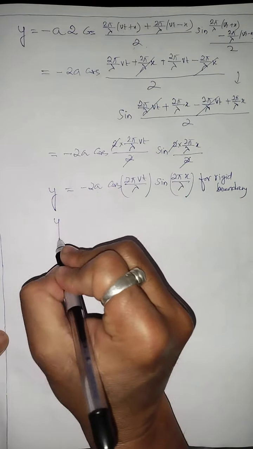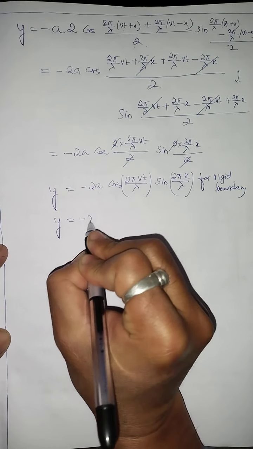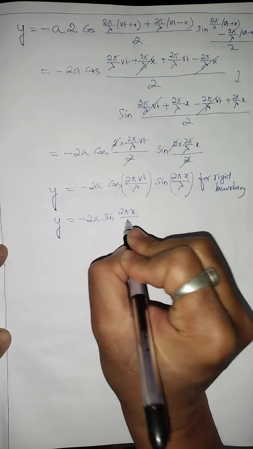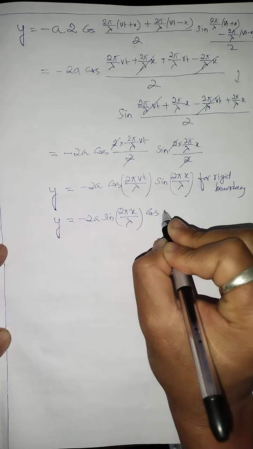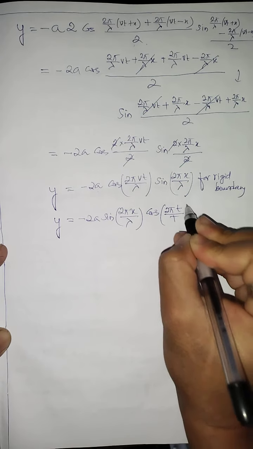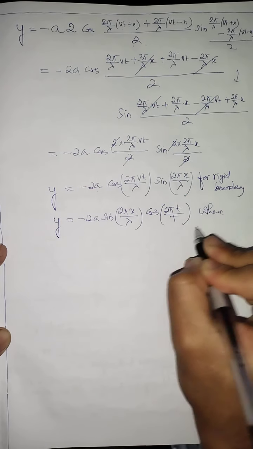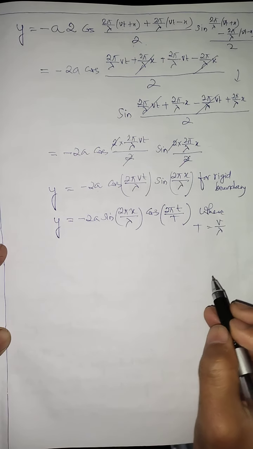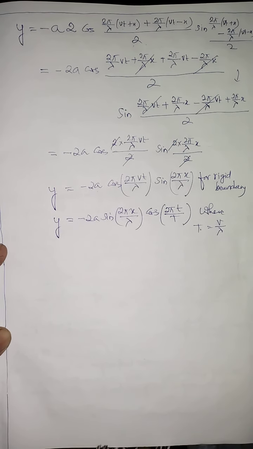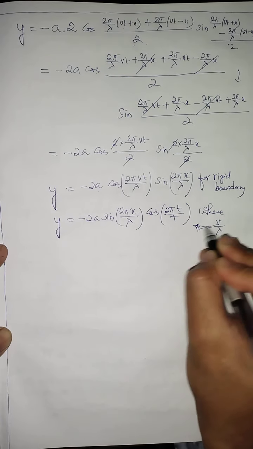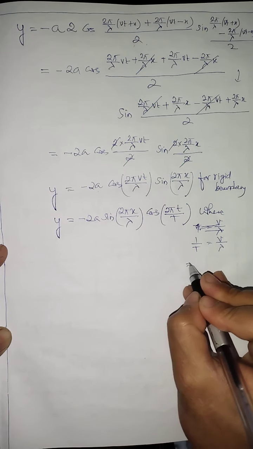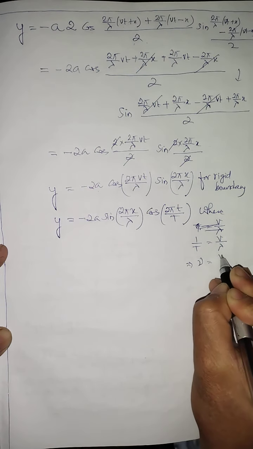But I'll write the same relation even in this manner also. So I write down minus 2a, I write this quantity first, sin 2 pi x by lambda, then I write down cos, and this is 2 pi t, small t by capital T. Now what I did here is that I replaced this by b by lambda, because 1 by T is the frequency nu, and this nu is b by lambda.